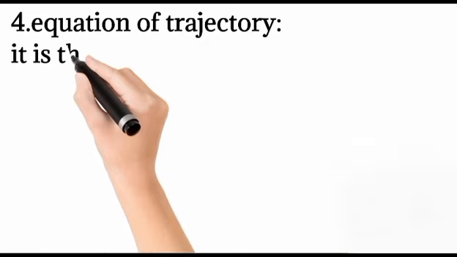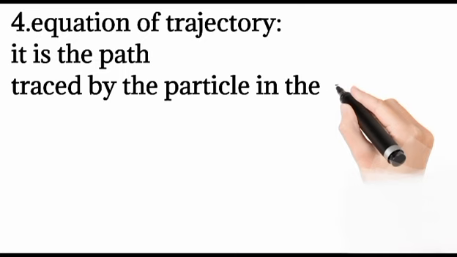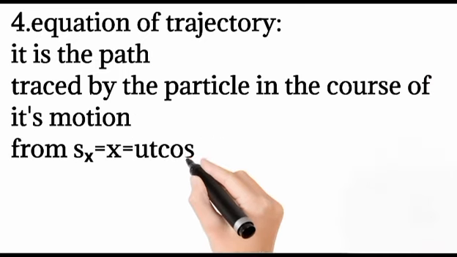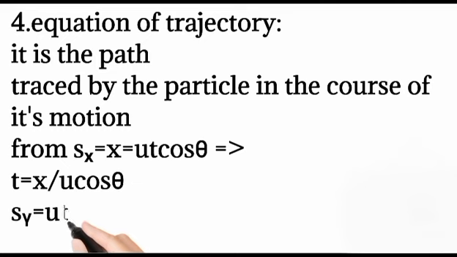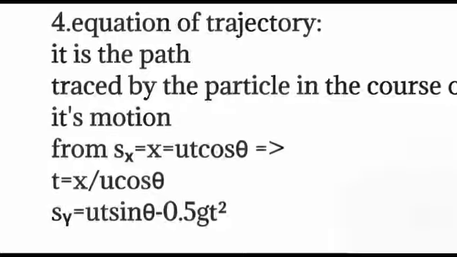The equation of trajectory. The trajectory is the path traced by the particle in the course of its motion. From Sx equals x equals ut cos theta, implying t equals x over u cos theta.